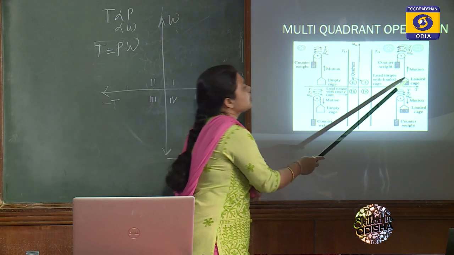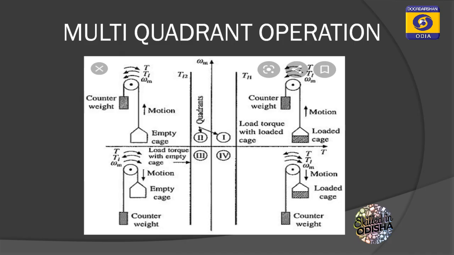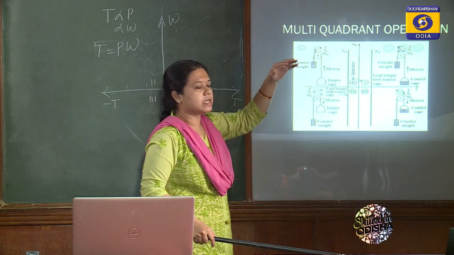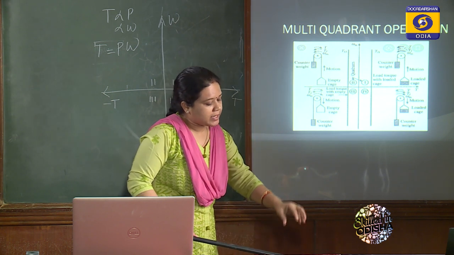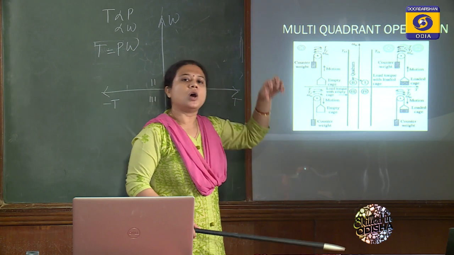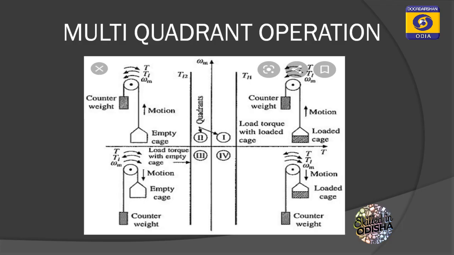So in this case the cage is loaded, so it is ready to move upward. Once it is loaded, it will move upward to a certain height, then it will be unloaded. So what will be the direction? It will move from down to up, that means the motion will be in the upward direction.